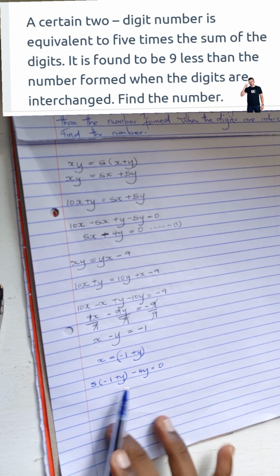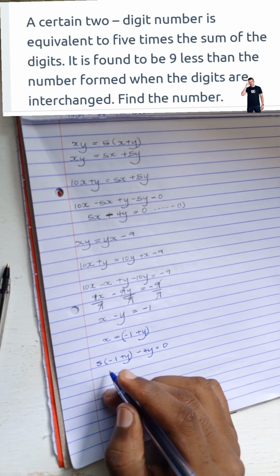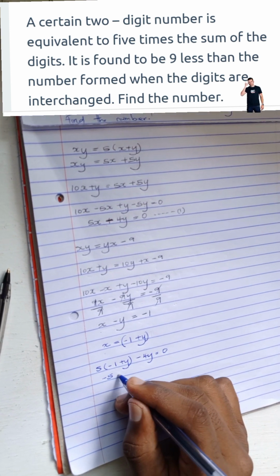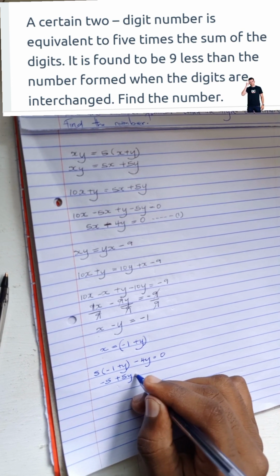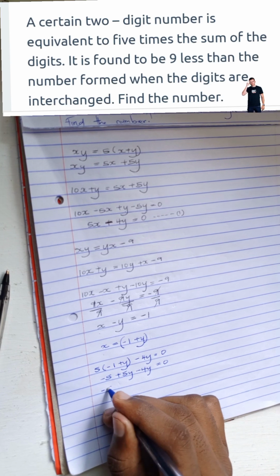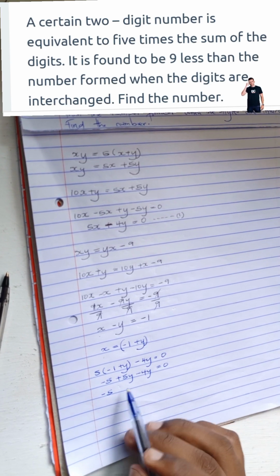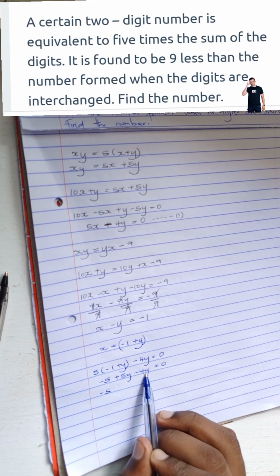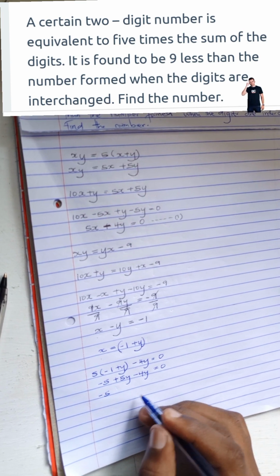So I open the bracket here. I'm going to have negative 5 plus 5y minus 4y is equal to 0. So what is 5 minus 4 is equal to 1.